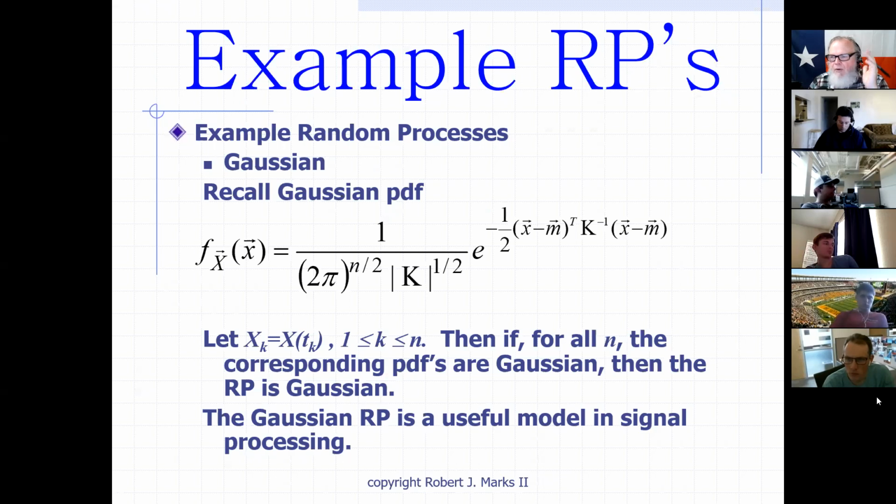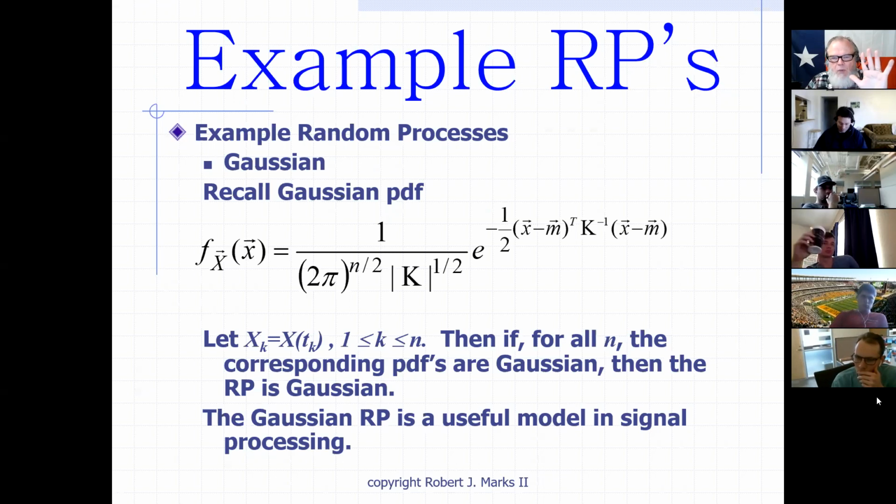Many of you have probably heard of the term white Gaussian noise or Gaussian noise. How many have heard at least the term Gaussian noise? Okay, so we're going to get into exactly what Gaussian noise is. And how many have heard the term white noise? I think the average person on the street has heard of the idea of white noise. And what does it mean for white Gaussian noise? So that's what we're going to talk about.